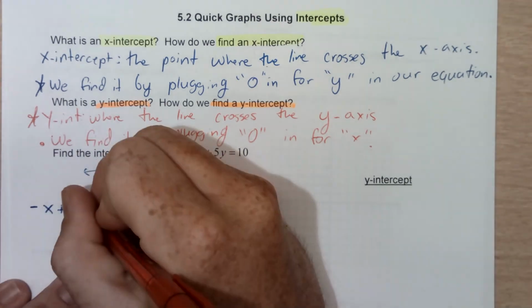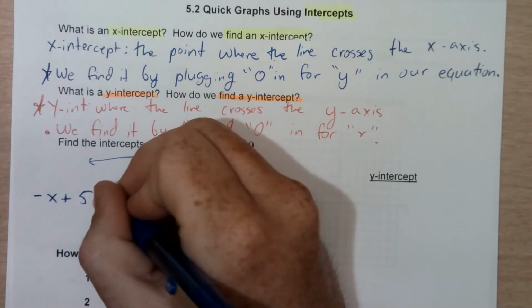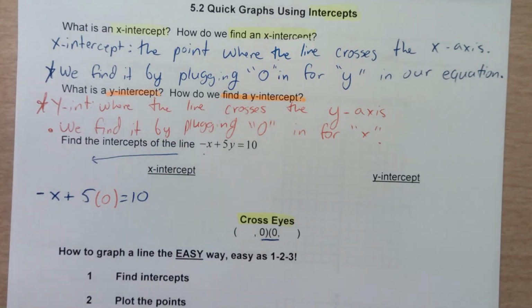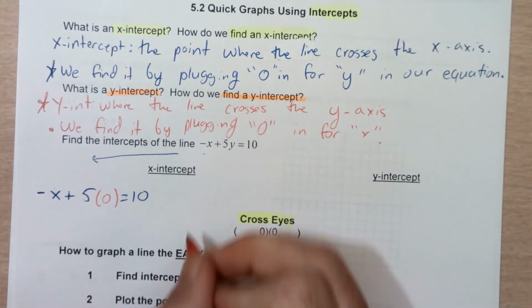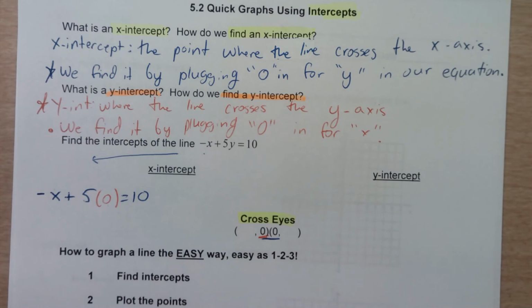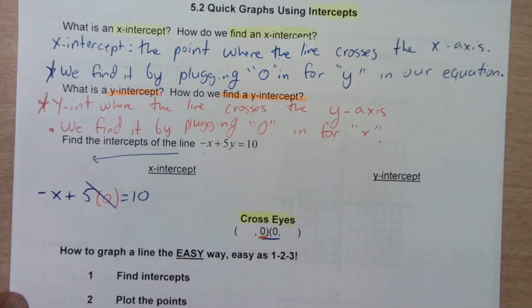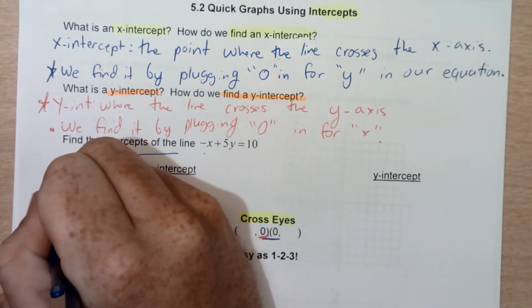So I have negative x plus 5 times 0. I'm going to set it equal to 10. Do you guys see where I got this 0? This 0 is the same as this 0, right? It came from down here. I know that my y is 0, so I plug in 0 for my y. Okay. So 5 times 0 cancels out. That's 0, right? So I'm just left with negative x equals 10.